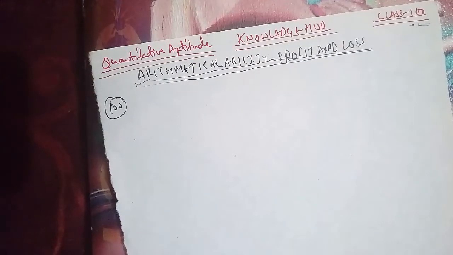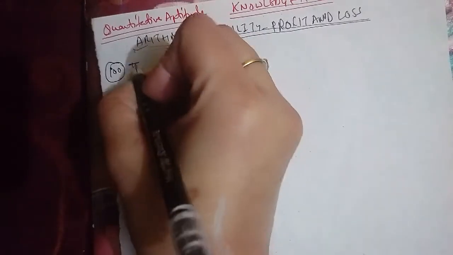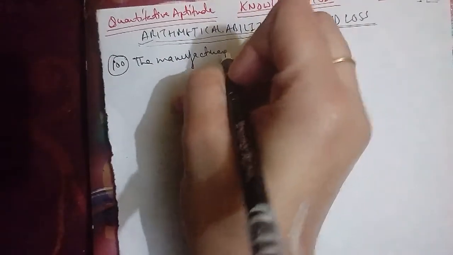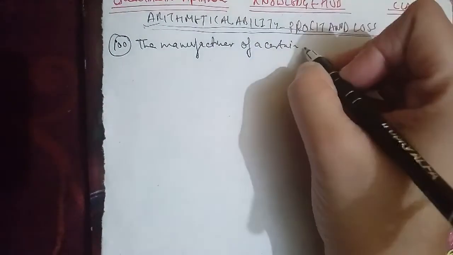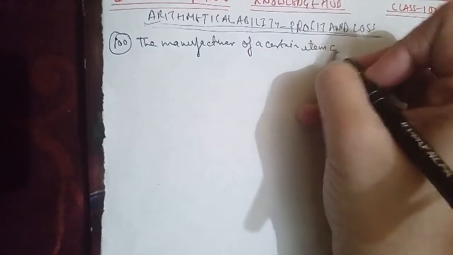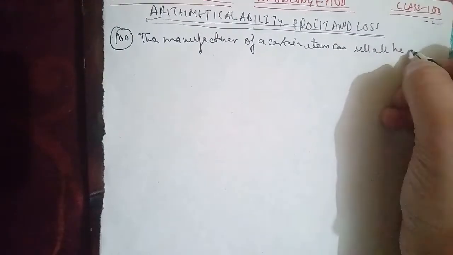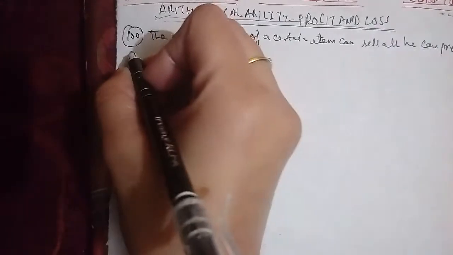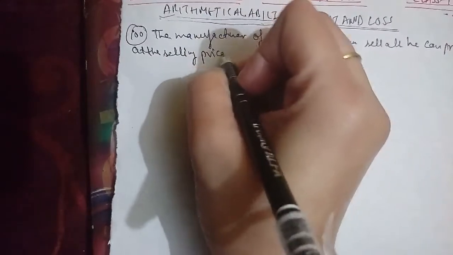The question is, the manufacturer of a certain item that can sell all he can produce at the selling price of rupees 60 each.